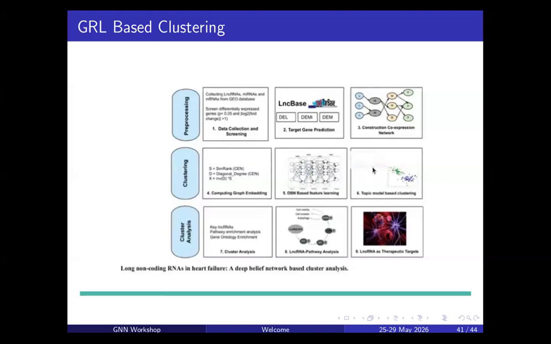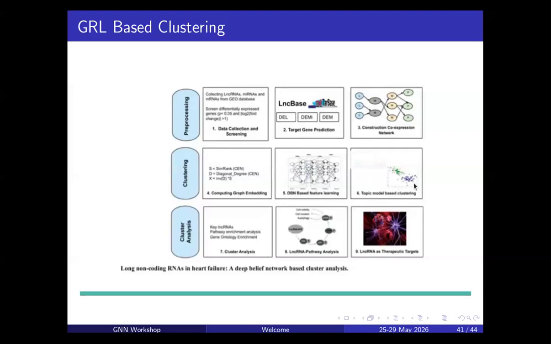And this embedding we'll cluster using a topic model based algorithm. So what we did here is we constructed a graph, captured the graph embedding, and this embedding is passed to this DBN. DBN will give a latent representation, and based on this representation, we perform the clustering.